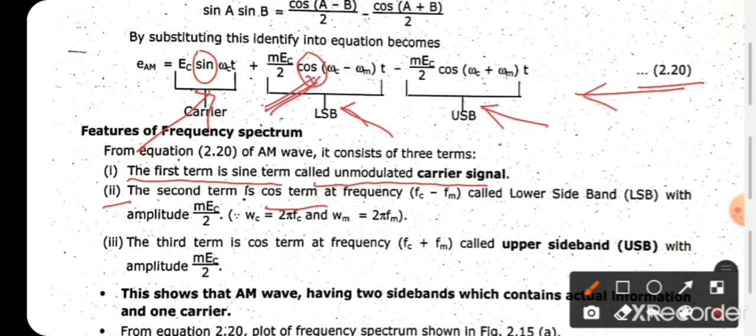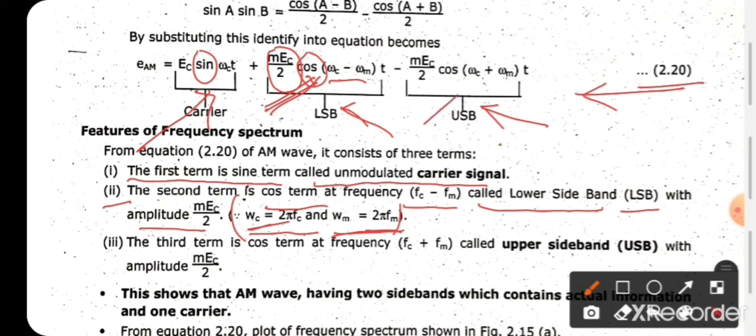At frequency omega c minus omega m, that is fc minus fm, called the lower sideband LSB, with amplitude m EC upon 2. Here omega c is equal to 2 pi fc and omega m is equal to 2 pi fm.